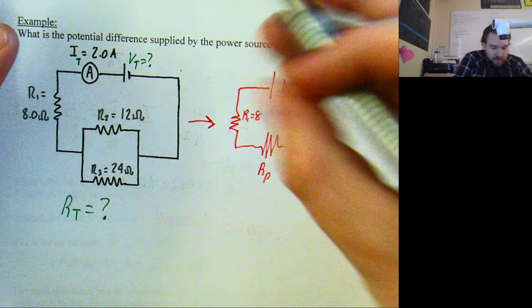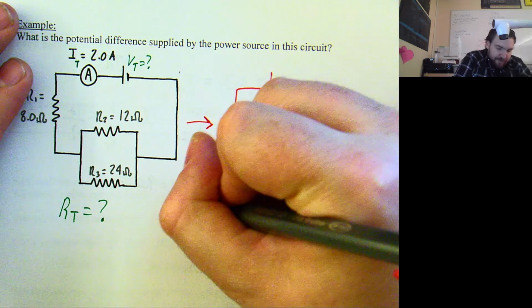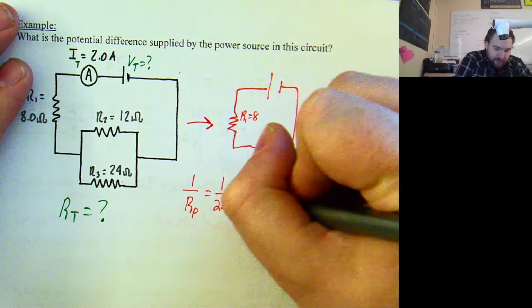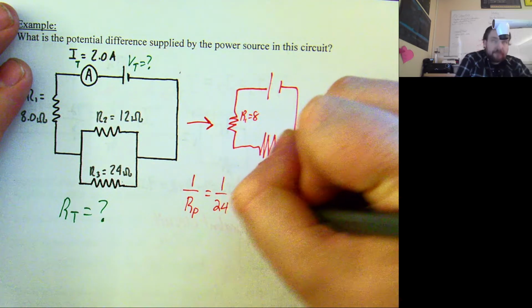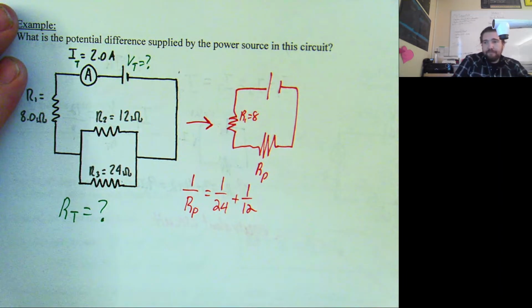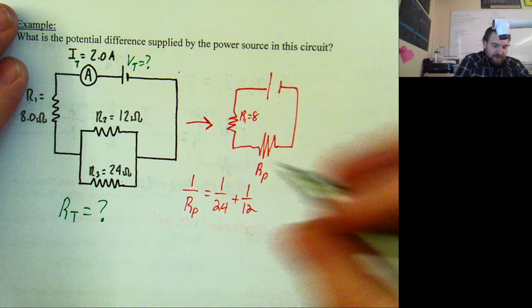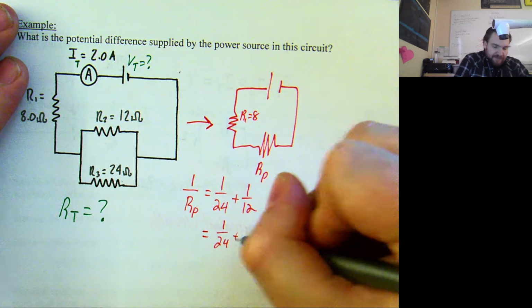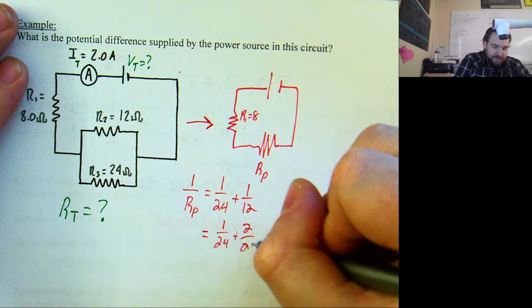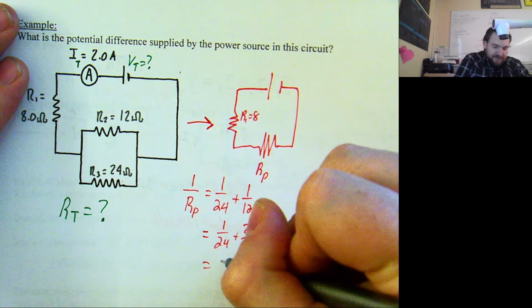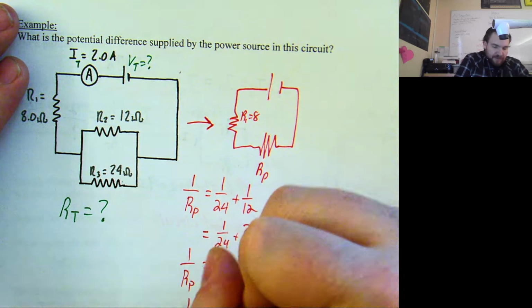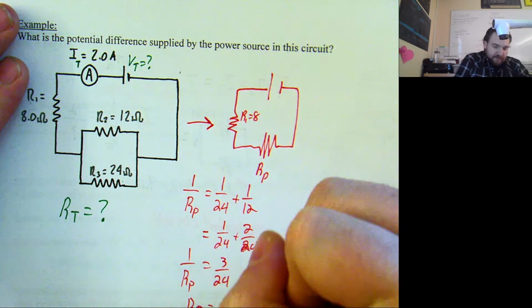Well, we know that 1 over RP is going to equal 1 over 24 plus 1 over 12. So that's going to be 1 over 24 plus 2 over 24, which is going to equal 3 over 24, which means RP is going to be 8.